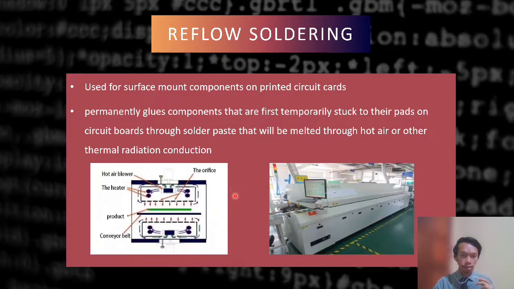In the picture on the left side, we can see the flow of hot air which circulates in this machine, which is important for melting the solder. And the picture on the right side is a reflow soldering machine, also known as a reflow oven.